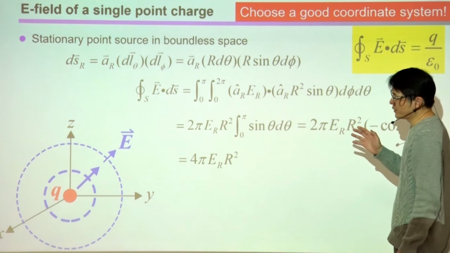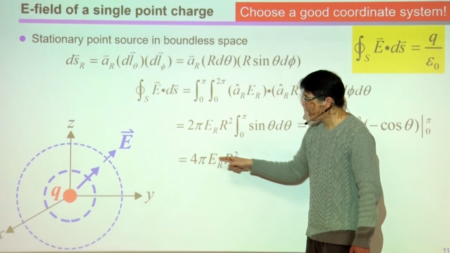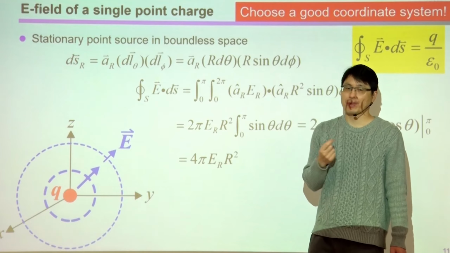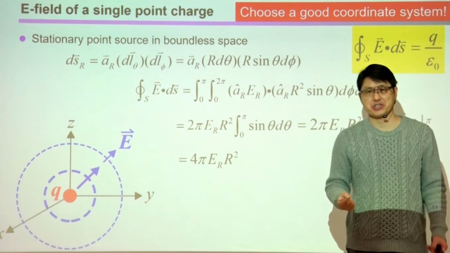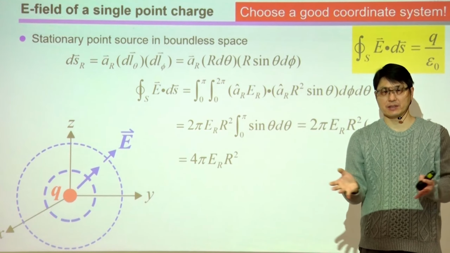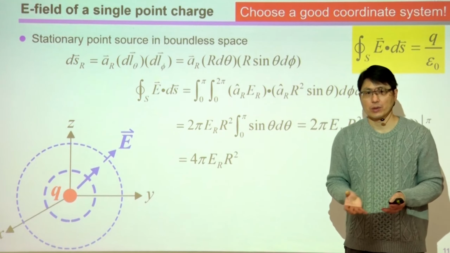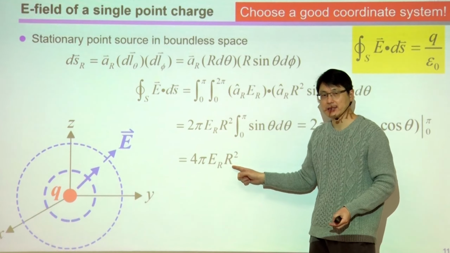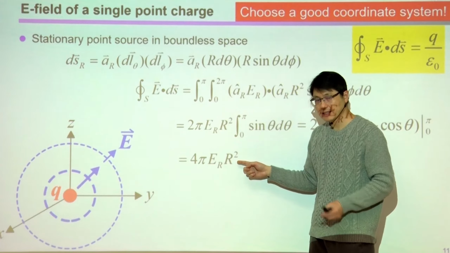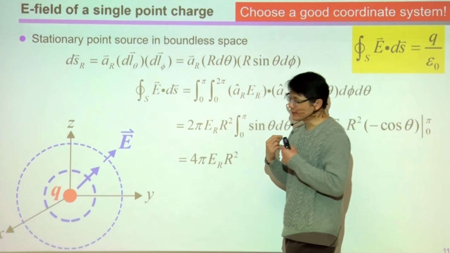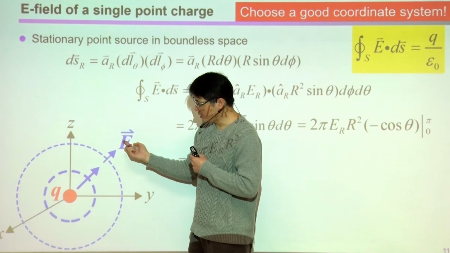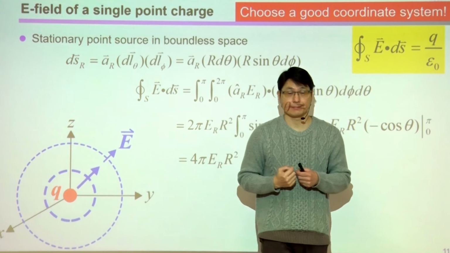So this is telling you 4 pi r squared, which is something we're very familiar with. It's just the surface area of a sphere with a radius of r. And that r here means the distance from the observer to the charge.